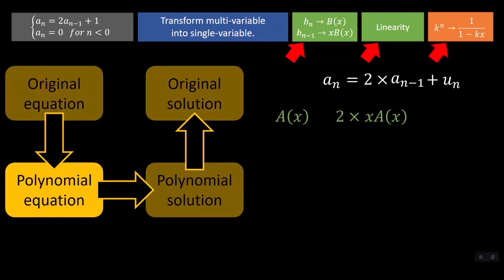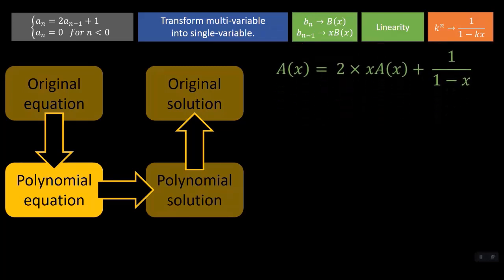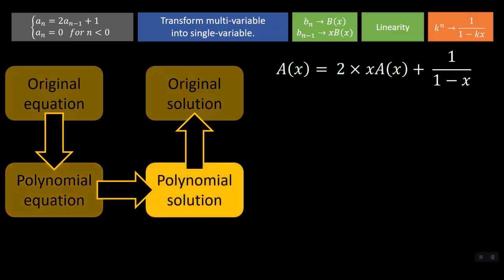And based on this box, we know that the polynomial for u of n is 1 divided by 1 minus x. Again, based on linearity, we know that we can put a plus sign here. And since these two sequences are equal, we can conclude that these two polynomials are also equal. So this is our polynomial equation, and we're going to solve it now.